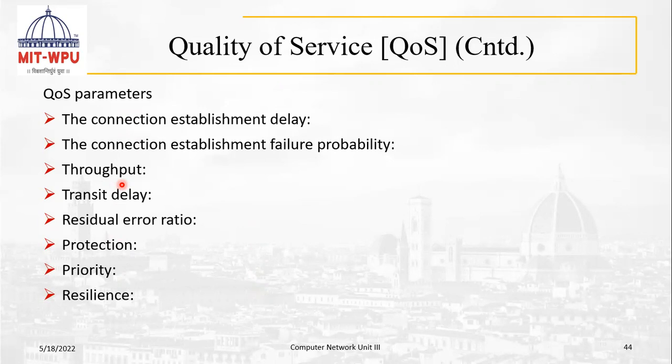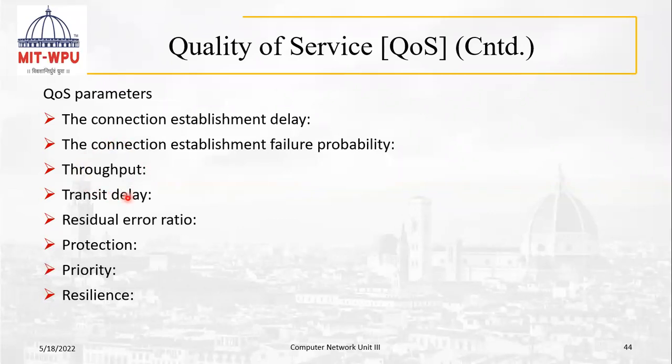The values were 0.18 efficiency and 0.36 efficiency for pure Aloha and slotted Aloha. So the throughput of any network means how many packets are getting transmitted per second. So that will be the throughput.